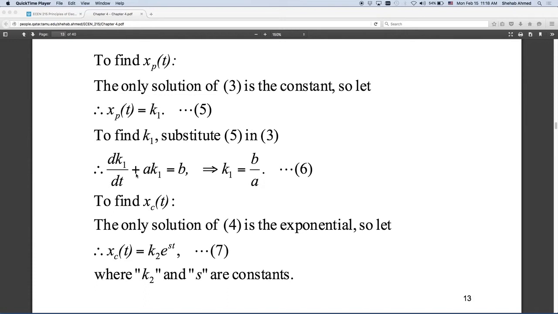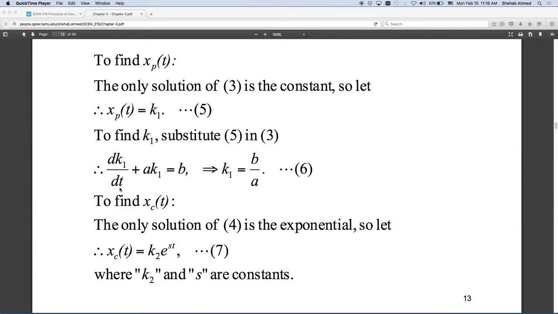If that constant on the right hand side is not 0, then x of t is equal to the exponential plus a constant, right? So the solution to the equation when we have a right hand side constant is basically that constant that we're looking for, k1. So the solution for x of t in the case where there is a constant on the right hand side only adds a constant to the solution.